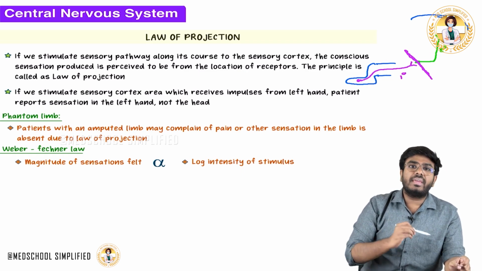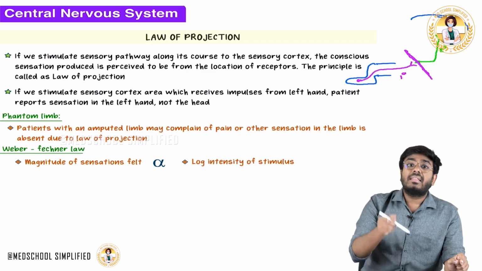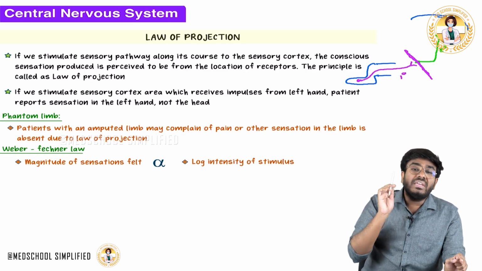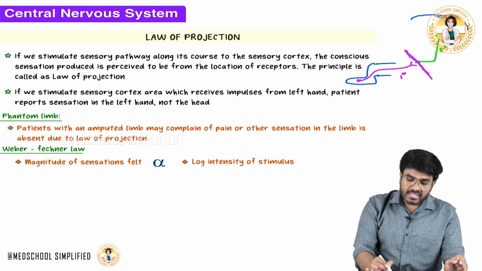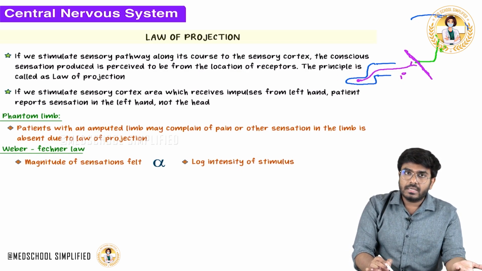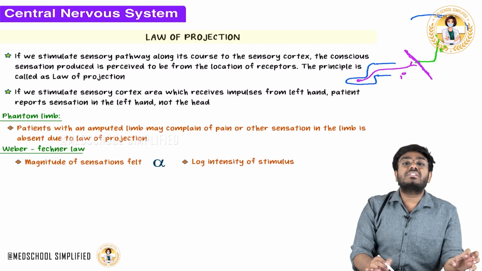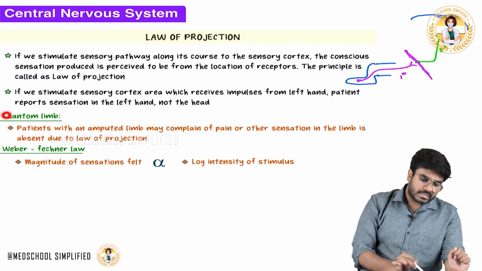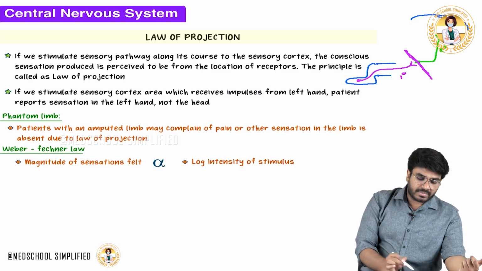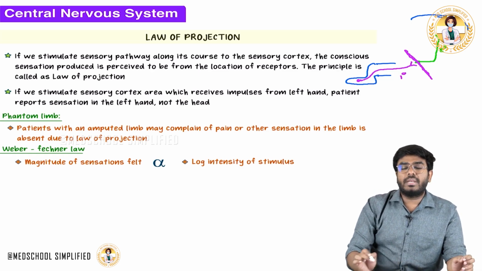Anywhere in this pathway, if you stimulate, the patient feels the sensations from the receptor level. The receptors are present in the foot, so he feels that the sensations are coming from the foot.